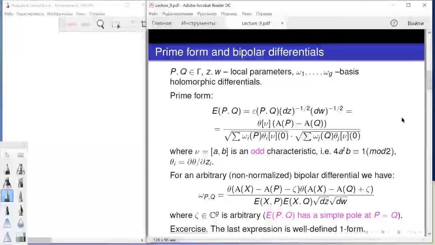Then E of PQ is defined also by an explicit formula, which is written in the second line of this relation.